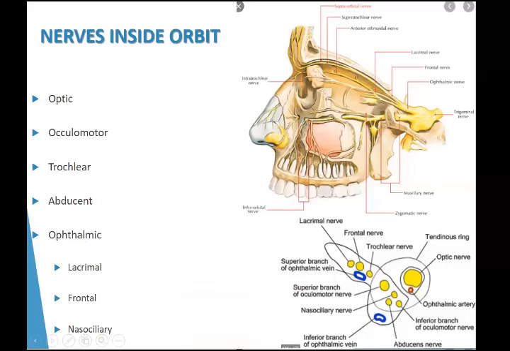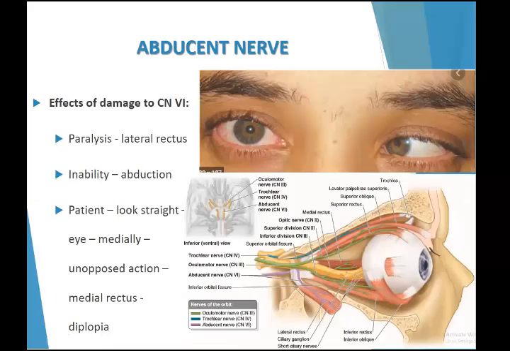ठीक है जी. Now do we have any questions? कोई questions? I covered 4 cranial nerves today. 2 हम पहले कर चुके हैं, so out of 12 we've done 6 already. Any questions, बच्चे?